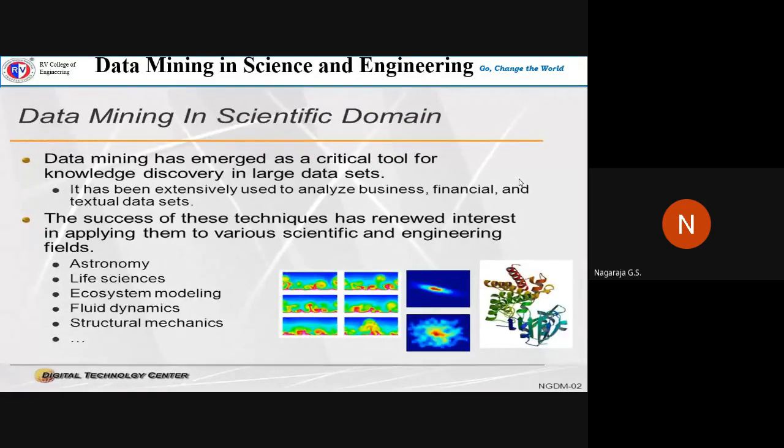Then ecosystem modeling is relating to some kind of mathematical representation where you use a very well-defined, standardized mathematical model to represent and process that with the help of data mining.